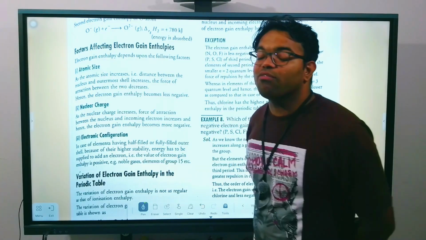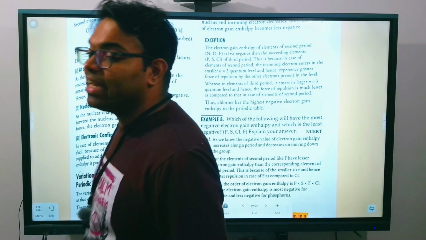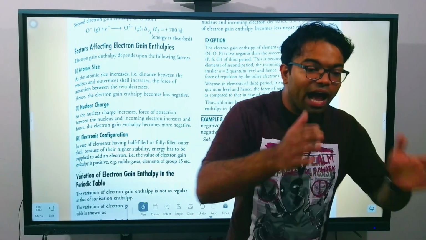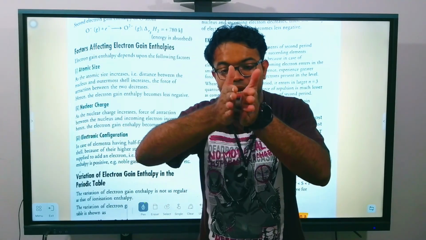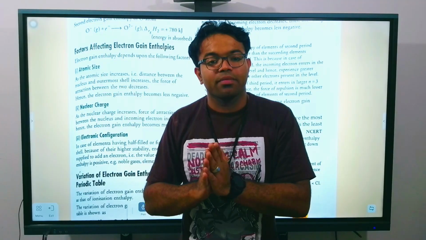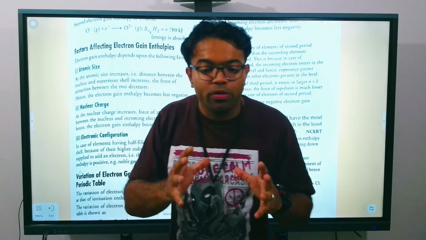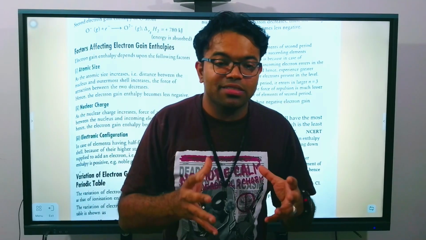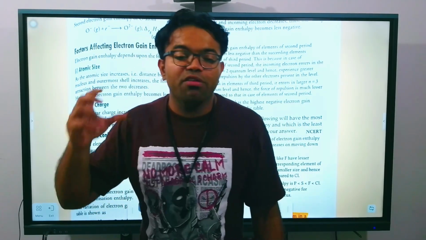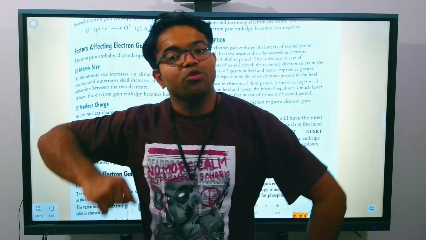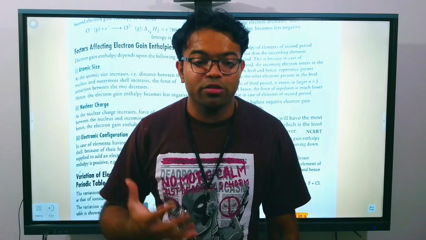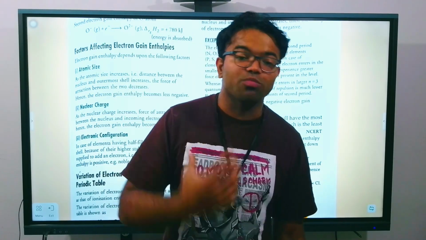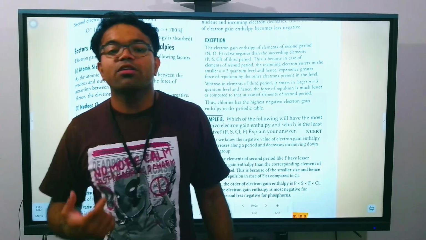But as the value of its radius increases, that is, as the distance between the nucleus and the outermost electron starts to increase, what ends up happening? The nucleus is now losing its grip on the electrons that are present in the outermost shell. So even if you try to add a new electron to that atom, it will not be able to hold it as effectively as that of a smaller atom. Understood? It will not be able to hold.